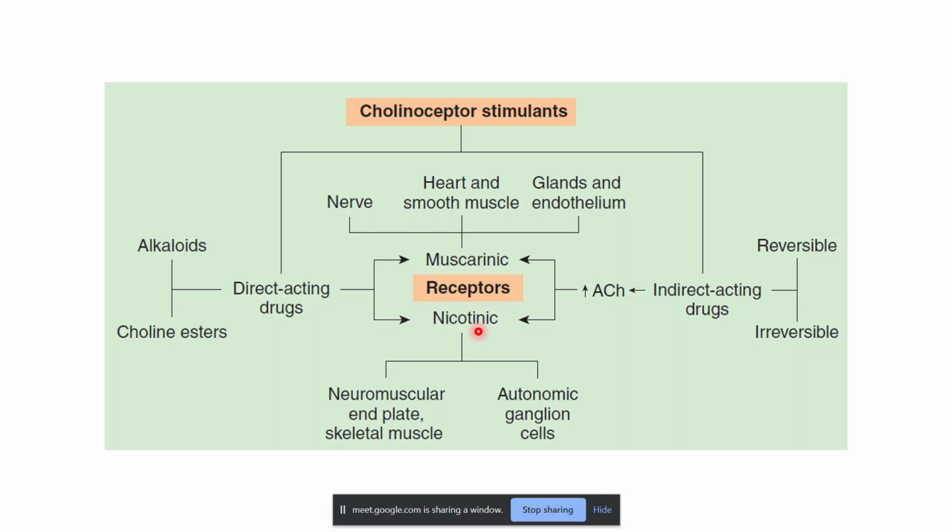So the muscarinic receptors are located on plasma membranes of cells in the central nervous system, in organs innervated by the parasympathetic nerves, as well as on some tissues that are not innervated by these nerves, for example, endothelial cells, and on those tissues innervated by postganglionic sympathetic cholinergic nerves.